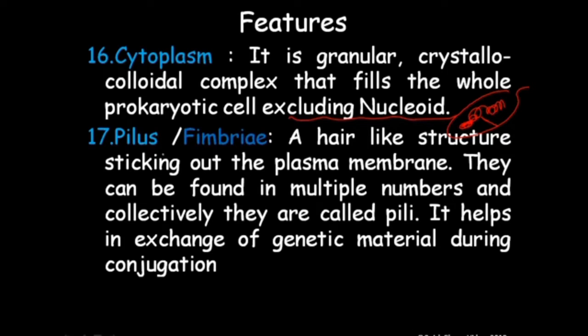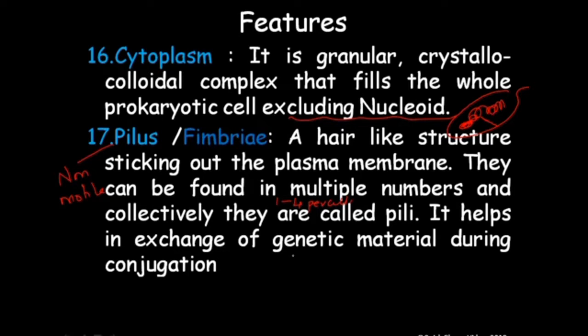Pilus or fimbriae is a hair-like structure sticking out of the plasma membrane. Pilus and fimbriae are non-motile. They can be found in multiple numbers, around 1 to 4 per cell, and collectively they are called pili.